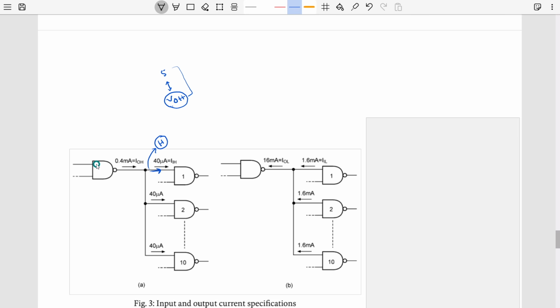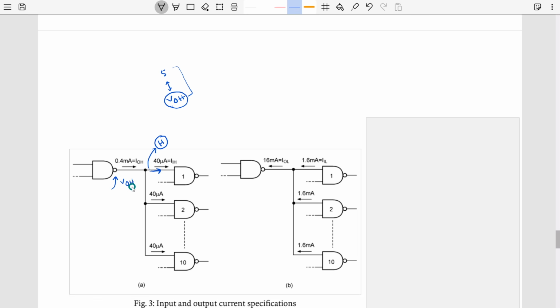That's why we are taking the lowest voltage. If this is providing VOH, and all of the gates at the input are getting VOH, that means if anything bad happens, if any high amount of current is drawn by these gates, it can affect VOH and it can drop lower than that.